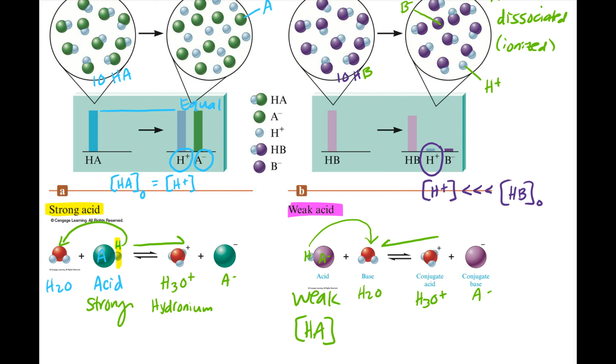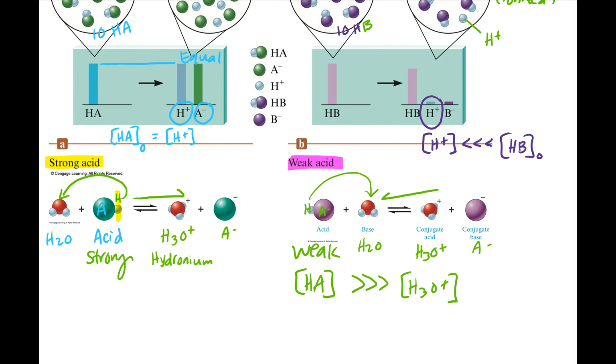HA is much, much bigger than that hydronium ion concentration. Okay, so we have a lot more reactants than you do product, okay, for weak acids. And so this is why equilibrium lies heavily to the left-hand side. It's very reactant favored because weak acids hardly dissociate.